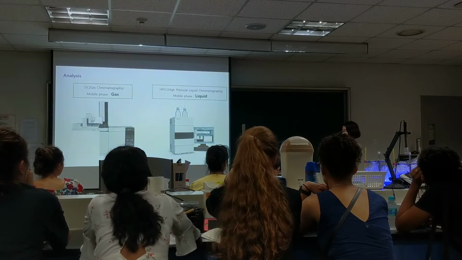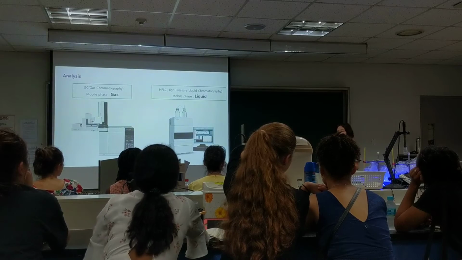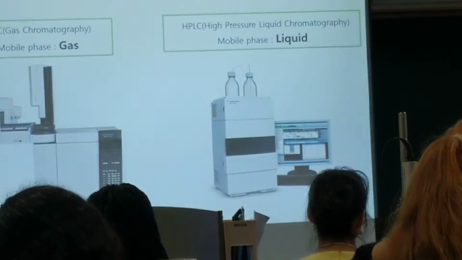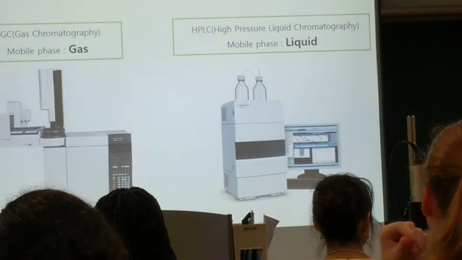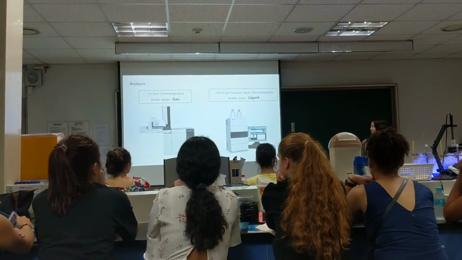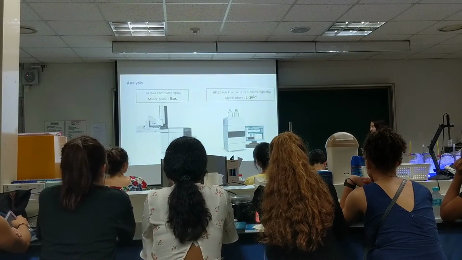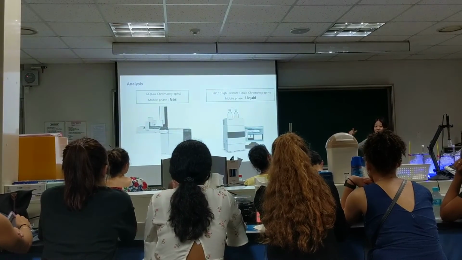Hi guys, I'm Chaeyoung Kim, and so far you have learned that we can earn very valuable products from a very cheap substrate like oleic acid. But now we don't know exactly what they are, so we are doing the process of analysis.